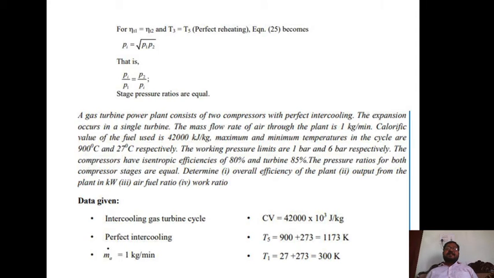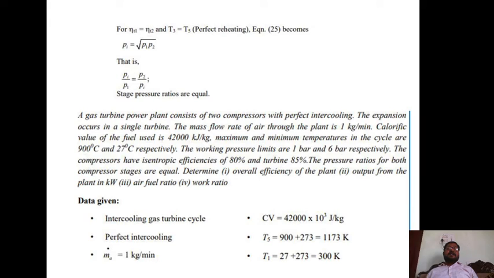The expansion occurs in a single stage, meaning only one turbine. Mass flow rate through the plant is 1 kg per minute. Calorific value of the fuel is 42,000 kilojoules per kg. Maximum and minimum temperatures in the cycle are 900 degrees Celsius and 27 degrees Celsius respectively. The working pressure limits are 1 bar and 6 bar respectively.